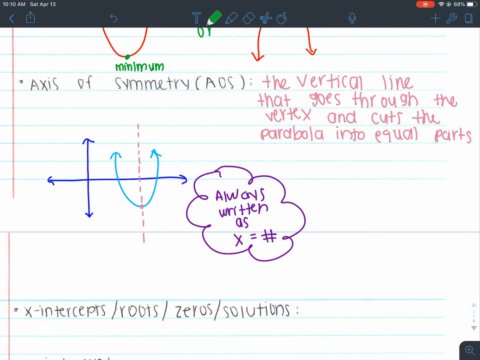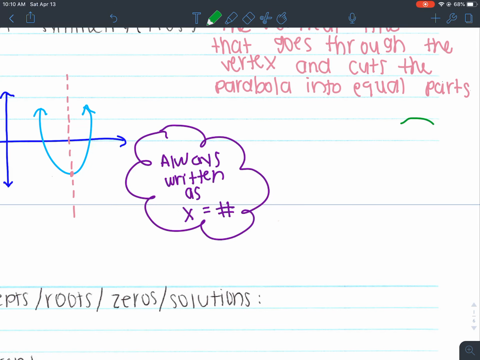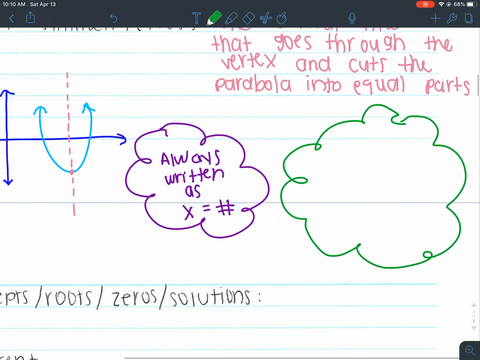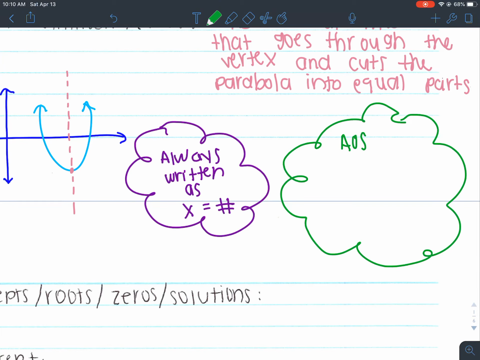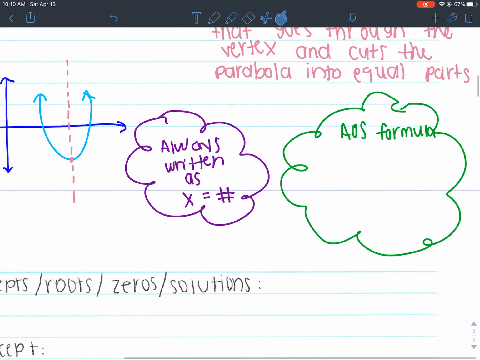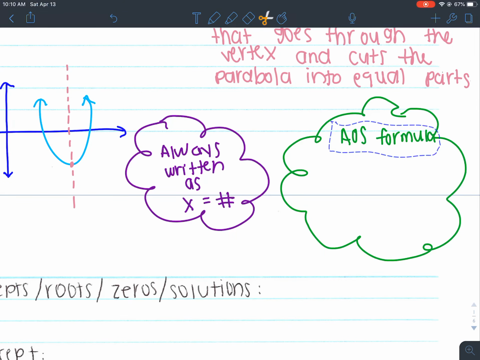The last thing about axis of symmetry, over here, the axis of symmetry formula.